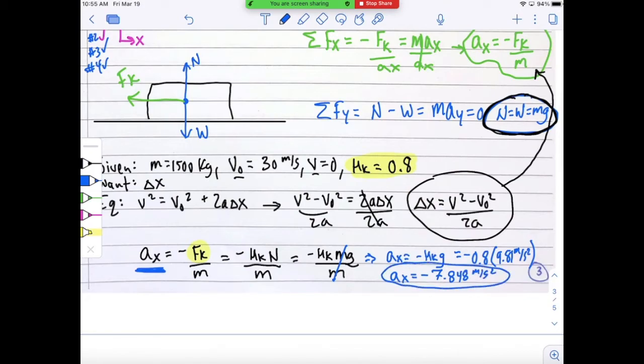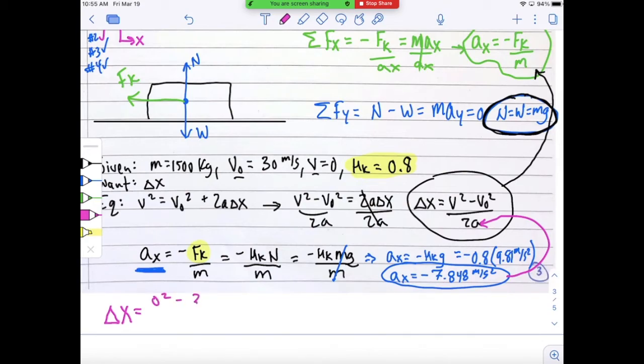So there's our acceleration. And now we can use that acceleration and plug it in for our a right there. I'm kind of off the page here, but let's see if I can squeeze this last line in.